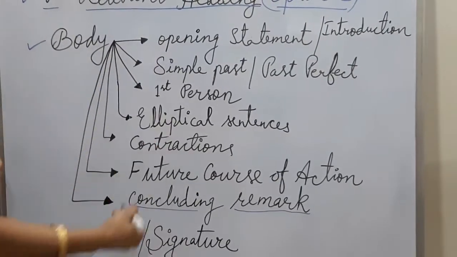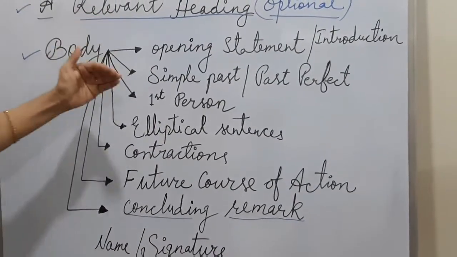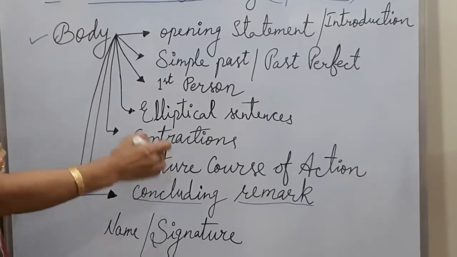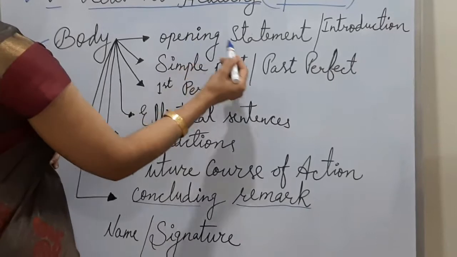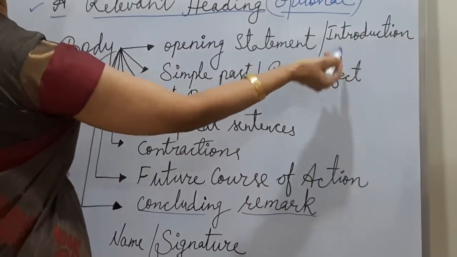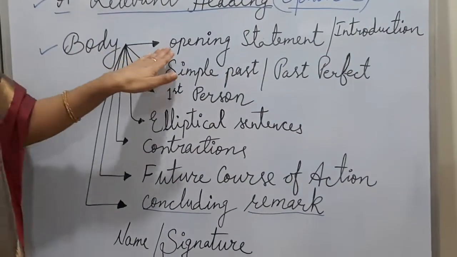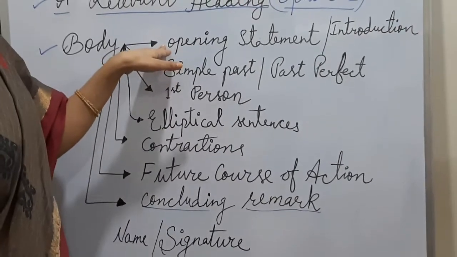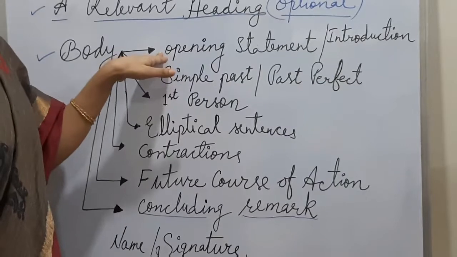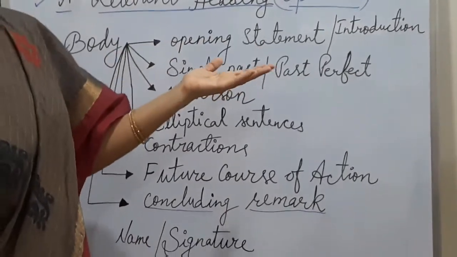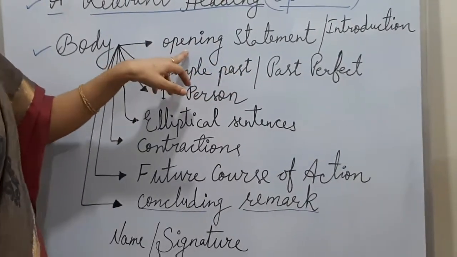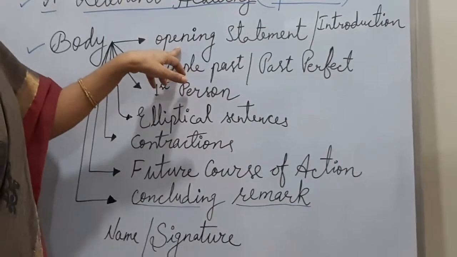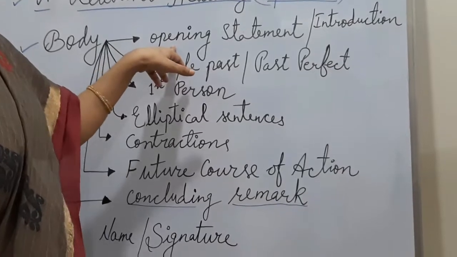Now we will take it one by one, how to frame and draft the body of a diary entry. First, children, is the opening statement or introductory statement. If the day has gone very well or you are extremely happy with the day, you have won a match or a prize in some competition, then you can write, today I am very happy, I am very excited to share my happiness with you.